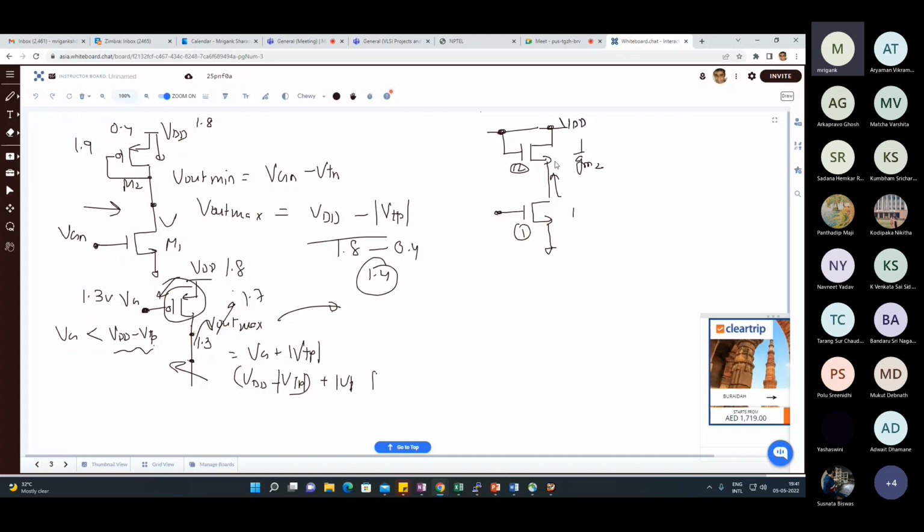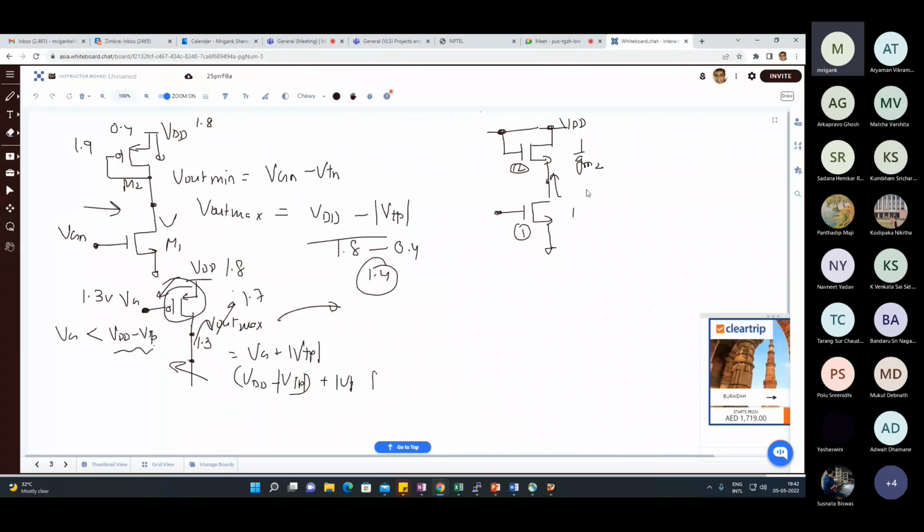So here also, if you look at the swing, if you are going towards the higher value, and you assume that the overdrive voltage is not very significant, it is still small. Again, a similar condition will appear, because you don't want to turn this off, and therefore you have to stop at VDD minus VT.